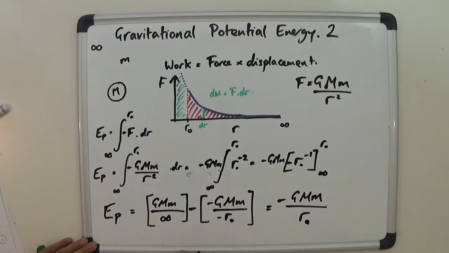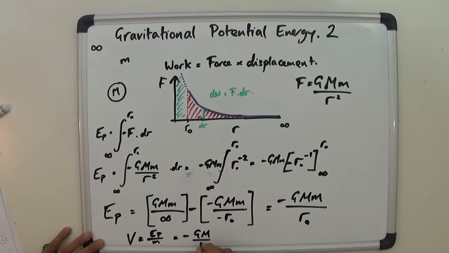Of course, if we now want to think about what gravitational potential is, well, V, the gravitational potential, is of course the potential energy, EP, per unit mass. So we just take out the m, and that will now be minus GM over r.